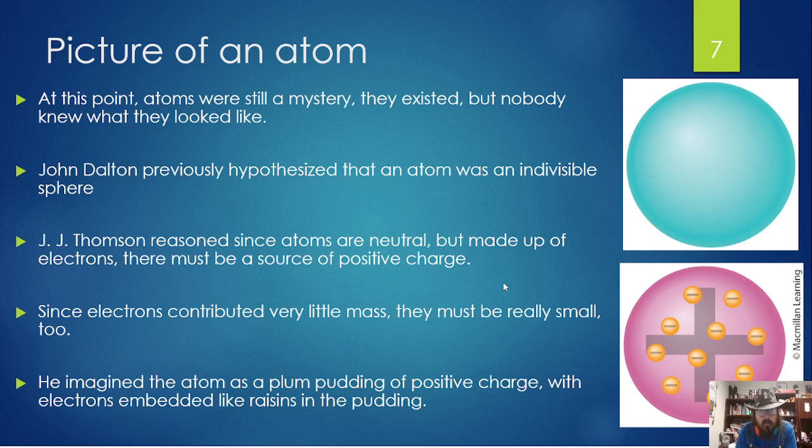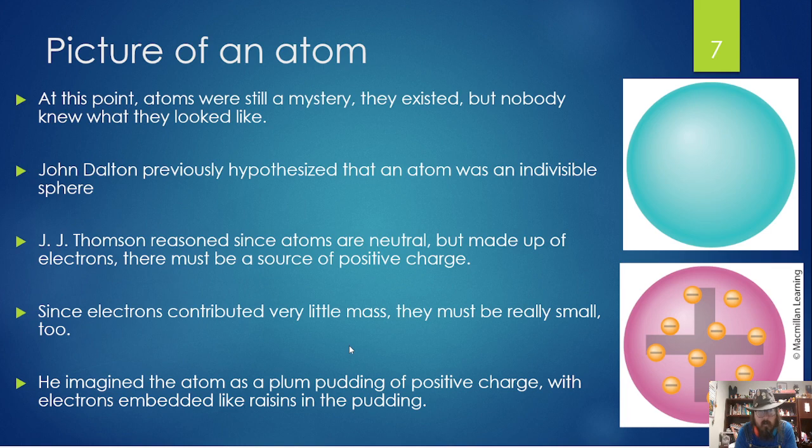But J.J. Thomson, breaking that up into an atom that's neutral with positive and negative charge, predicted it's a largely big chunk of positive with small, little negative electrons sprinkled throughout. So you imagine this atom as what we call a plum pudding of positive charge, where the electrons are the raisins within the pudding. This is known as the plum pudding model. It's a little silly of a model, but sometimes that's what we have to work with.